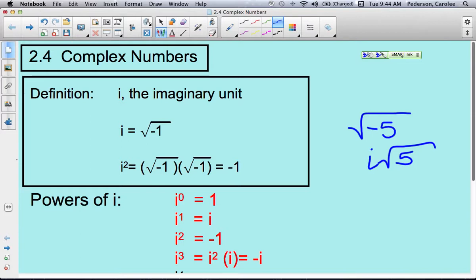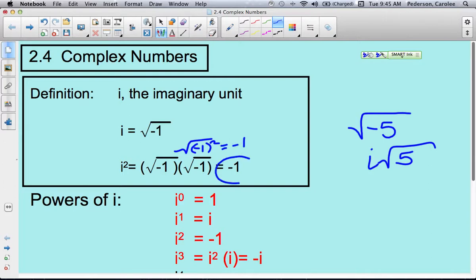Another thing, when you have an i squared, so i times i, that replaces as the square root of -1 times the square root of -1. If you group that back together, you would get the square root of -1 squared, which they undo each other, so you're going to get -1.